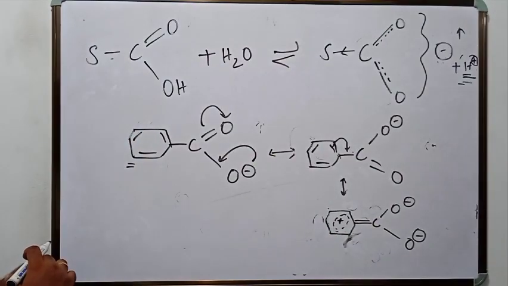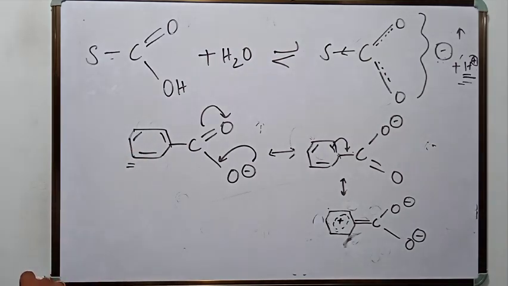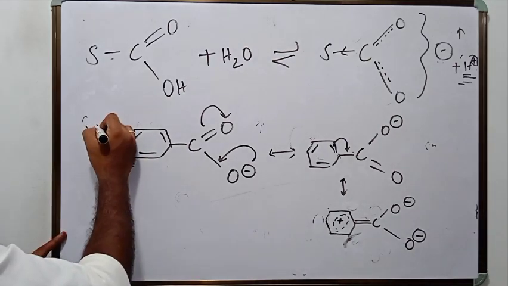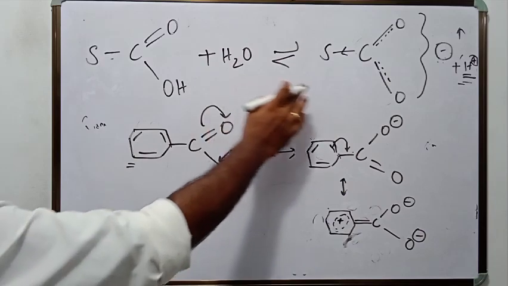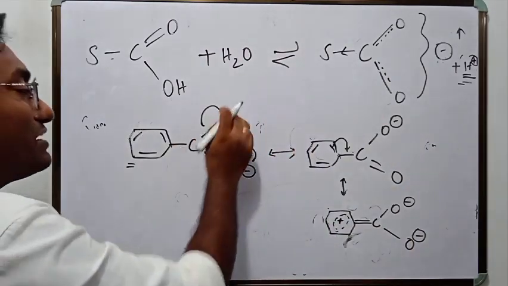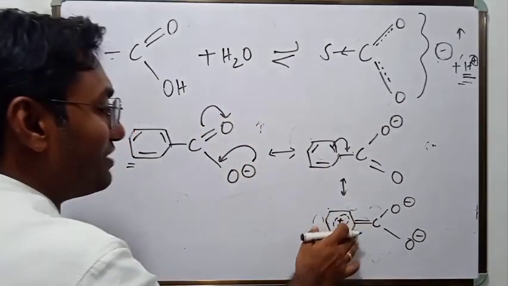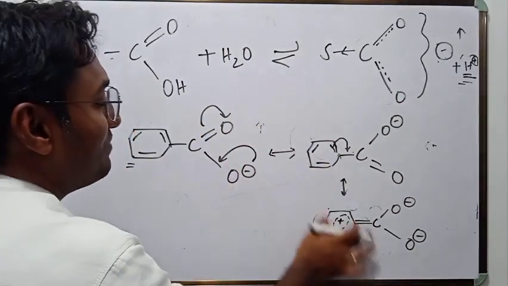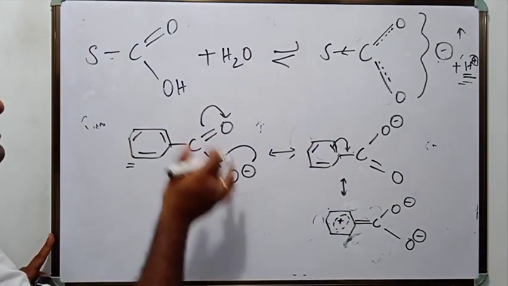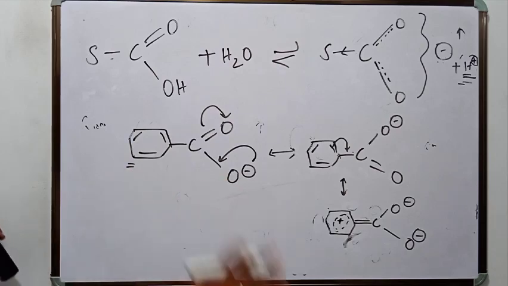So in this battle, the resonating effect again wins, because resonance plays a major role in the stability of the carboxylate ion. I agree that the inductive effect is making it unstable, but on the other hand, the resonating effect is making the carboxylate ion very stable. So therefore benzoic acid is acidic in nature.